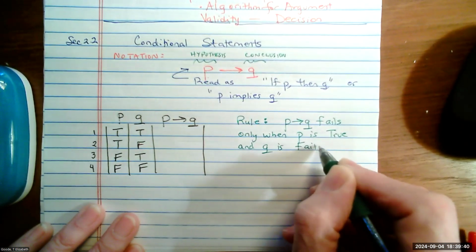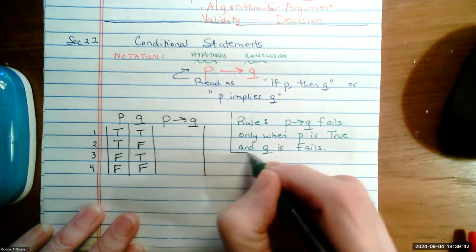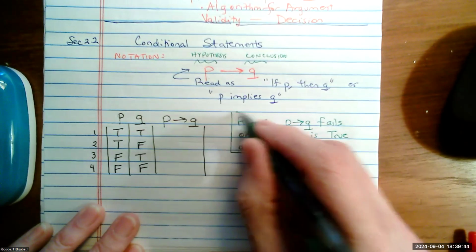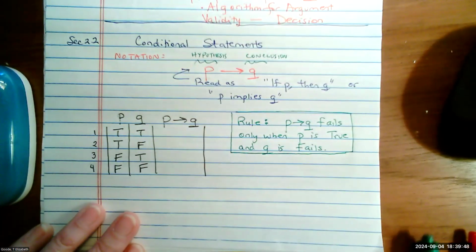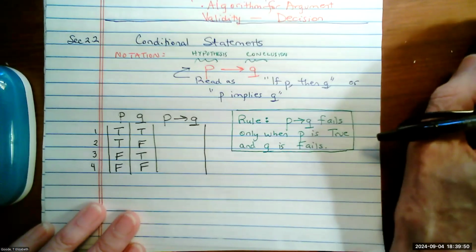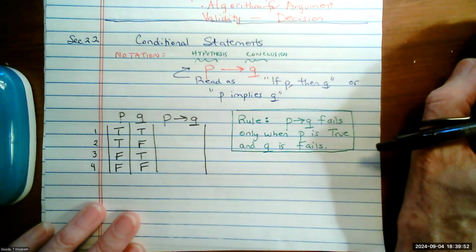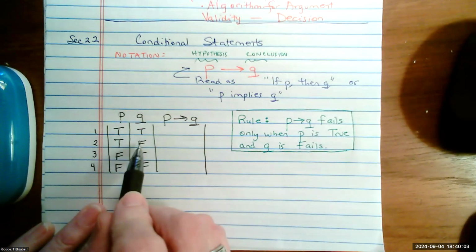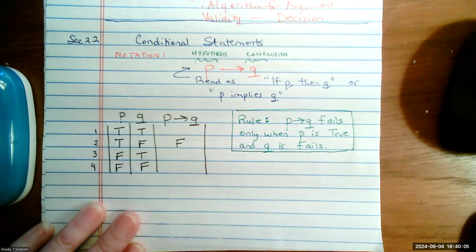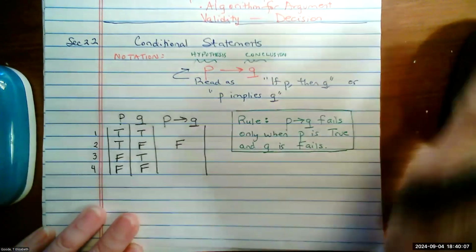That's the only time it fails. Otherwise, it's going to be true. So when we look at the truth table, which row are we going to put the false in, folks? The second row? Yeah, because this is the row, good, where P is true and Q is false. This is the only time that if P then Q fails, folks.